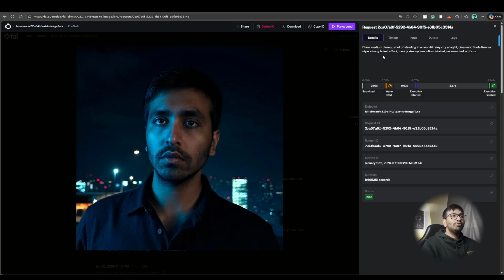Dhruv medium close-up shot standing in neon light, rainy city at night, cinematic Blade Runner style, bokeh effect, moody atmosphere, cinematic, detailed, no unwanted artifact. I wrote that into the prompt. Why did I not write that in the negative prompting? Anyways, weird. I got an image that at least looks like me, which is good.